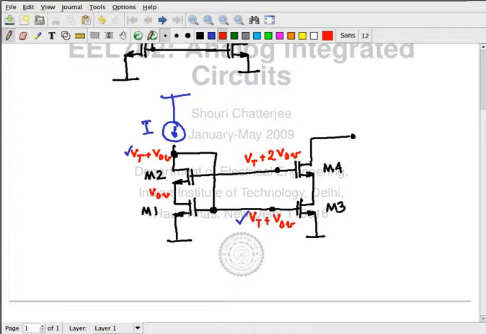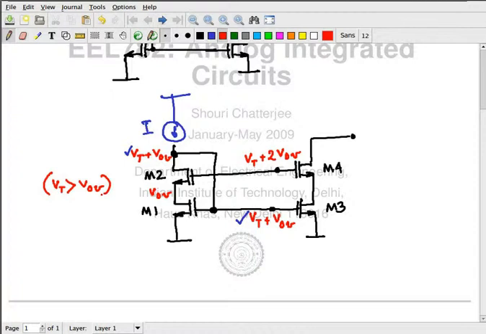Is it enough to keep M2 in saturation? Assuming Vt is larger than VOV, which is usually the case. This is usually true, but as long as this is true, this works.